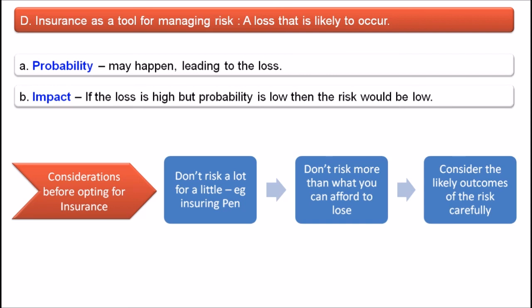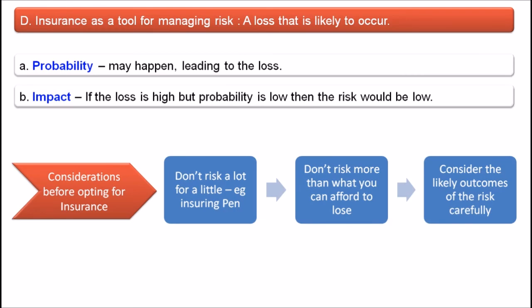Is it worth taking insurance for your pen? No. Don't risk more than what you can afford to lose, right friends? If your pen is lost, is that not affordable? Yes friends, nothing will happen, it is affordable. So don't take insurance for your pen.